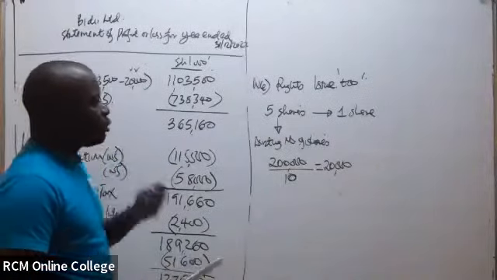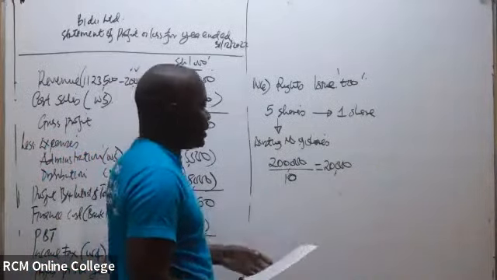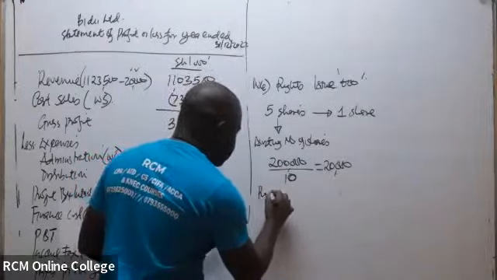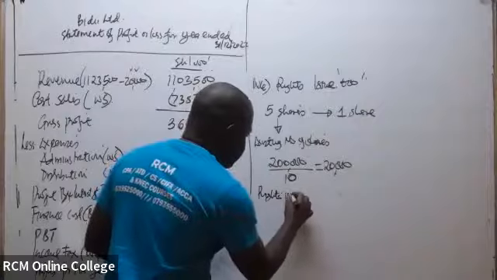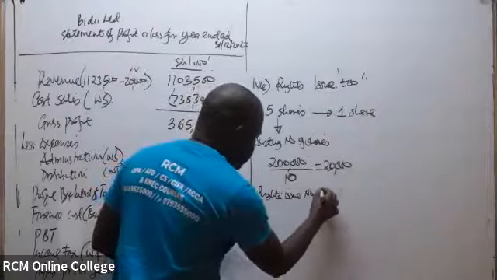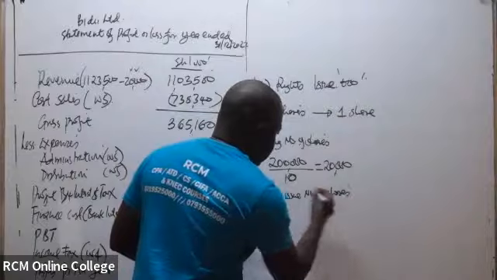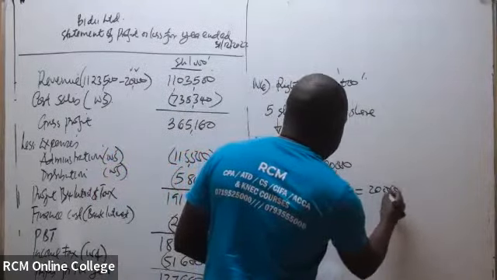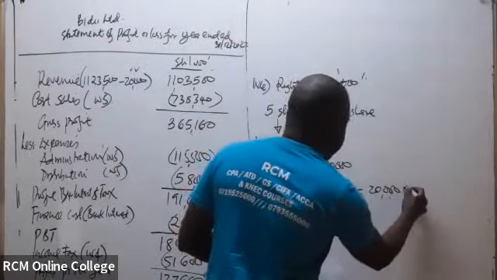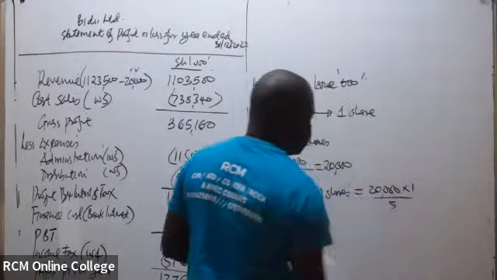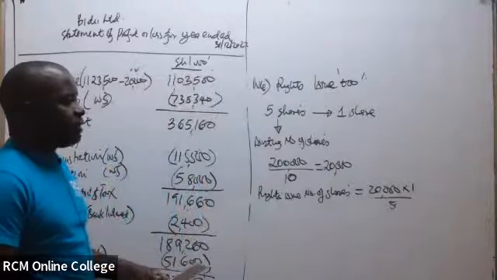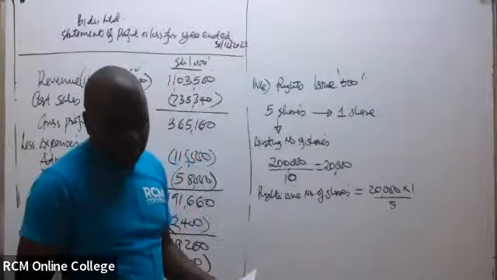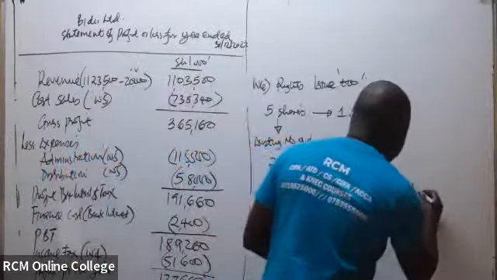So for us to know how many shares were issued in terms of the rights issue, the rights issue number of shares, we take 20,000, multiply by 1, and divide by 5. And therefore, it will give us 4 million.